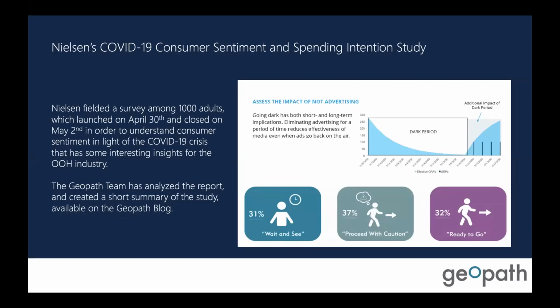While the report itself isn't available, I don't believe, on the blog, there are some insights we were able to pull from it and provide to our members. So again, it's on our blog at blog.geopath.org if you want to look at that information. We've been trying to keep a running list in our newsletters as we push out new information, so it's all consolidated there as well.